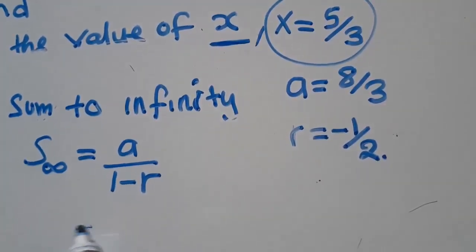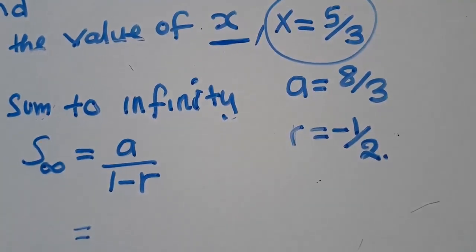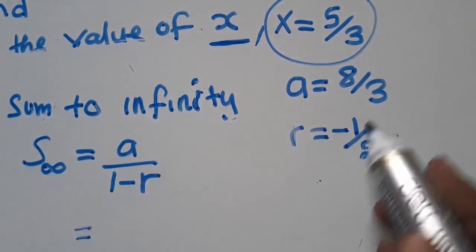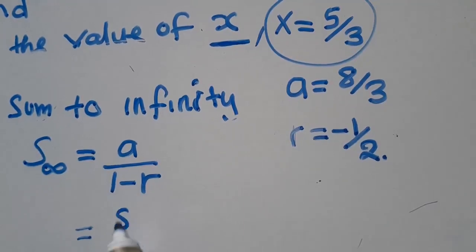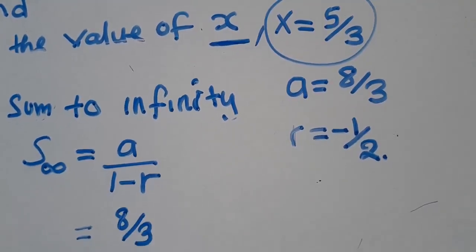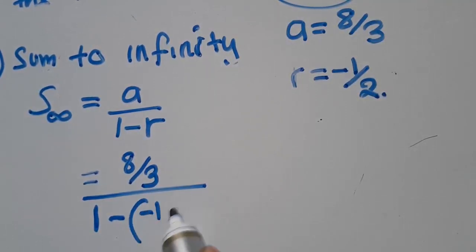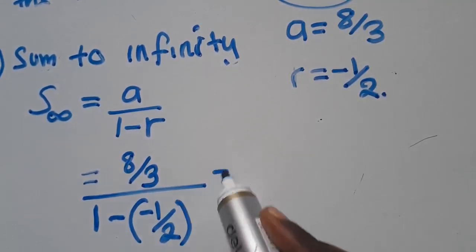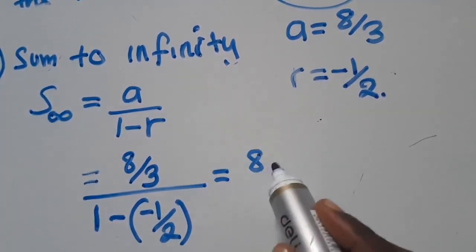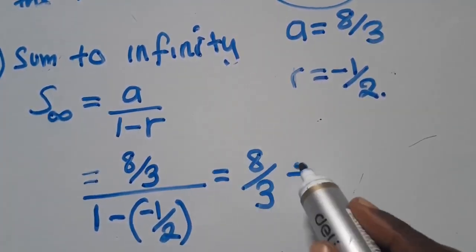What is my first term? My first term is 8 over 3, over 1 minus my common ratio, negative 1 over 2. This is 8 over 3, so I'll say divide.